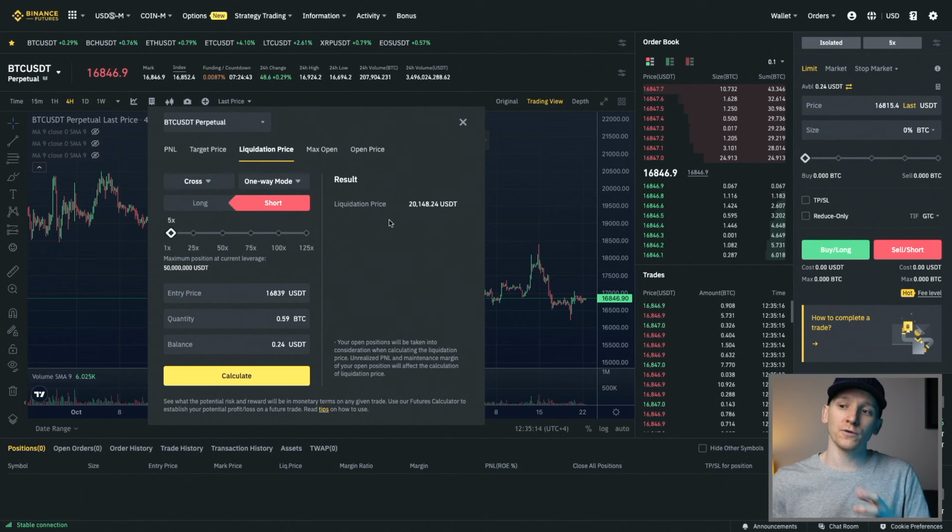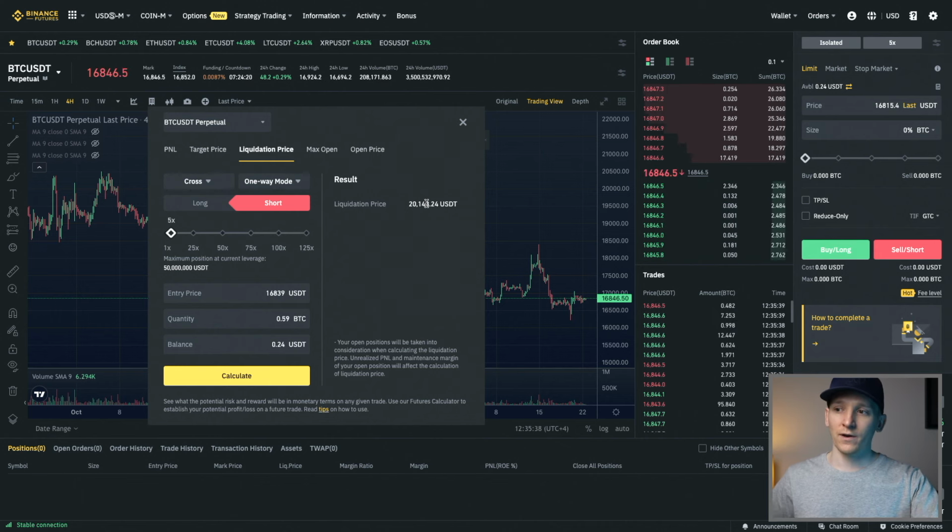So the more leverage you use on this, the lower this liquidation price is, meaning that basically the quicker you're going to get stopped out of this trade and not be able to collect that funding arb if the price goes up. If the price goes down or sideways, then you're all good. But that is really the thing to manage, is that leg of the trade, making sure it isn't stopped out.